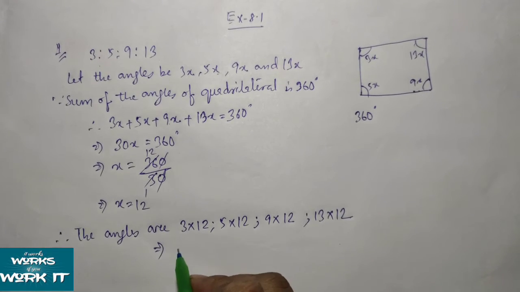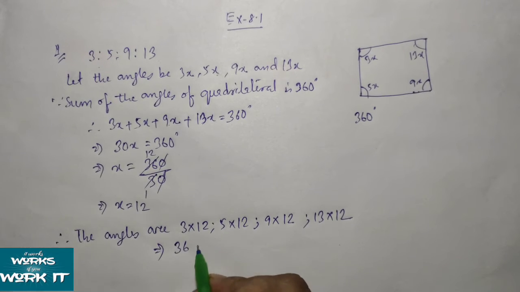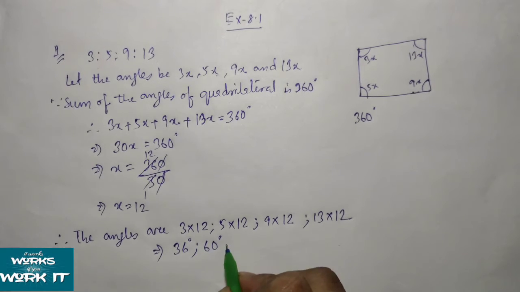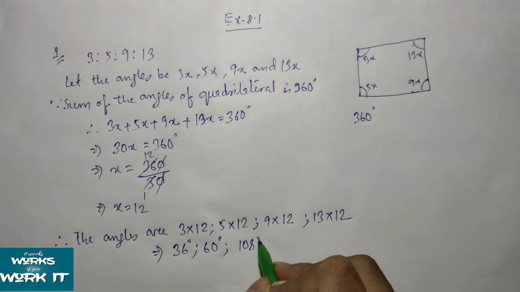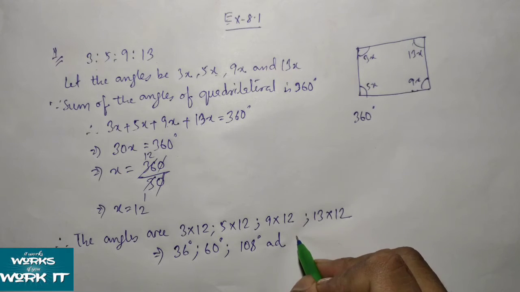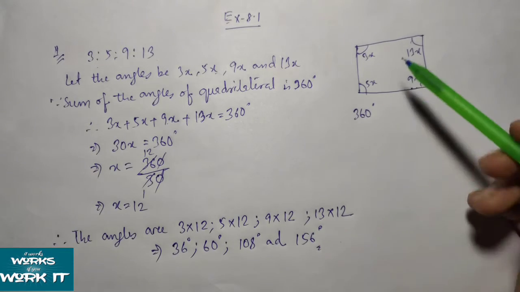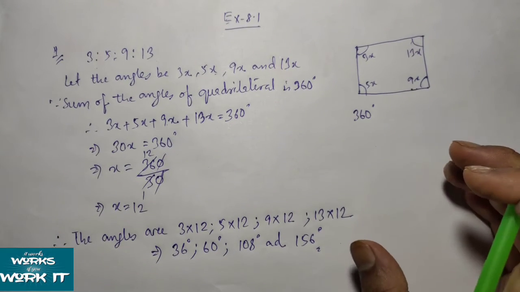We will be getting 4 angles: 3 into 12 is 36 degree, 5 into 12 is 60 degree, 9 into 12 is 108 degree, and the last angle 13 into 12 is 156 degree. So these are the angles that the quadrilateral consists of in question number 1. I hope you have understood it.